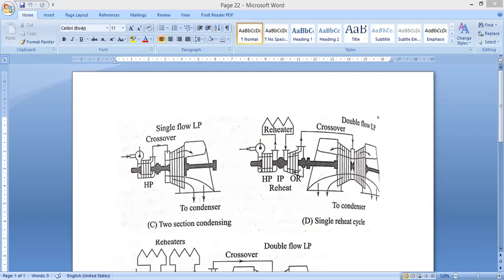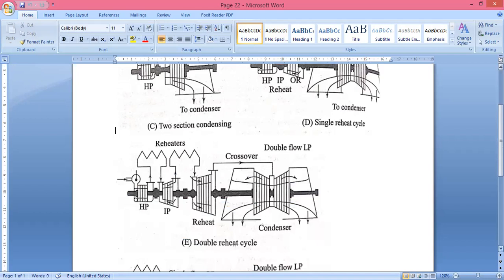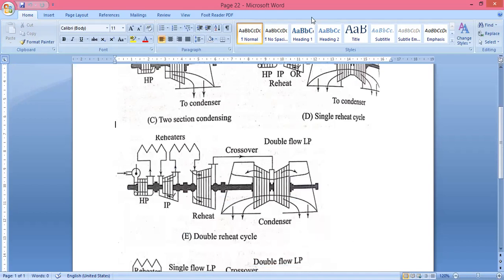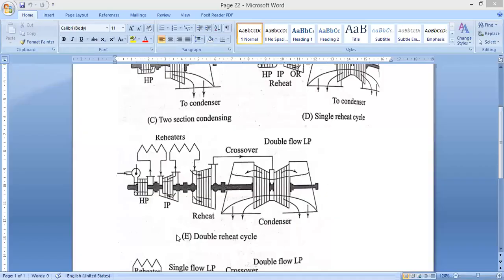Next comes the double reheat cycle itself, where steam is coming in from the high pressure side and converts some of its energy and goes out with low temperature and pressure.